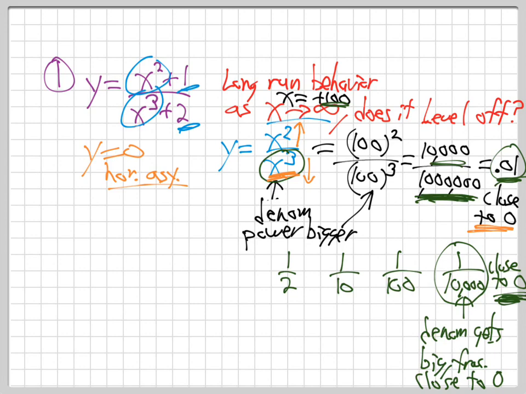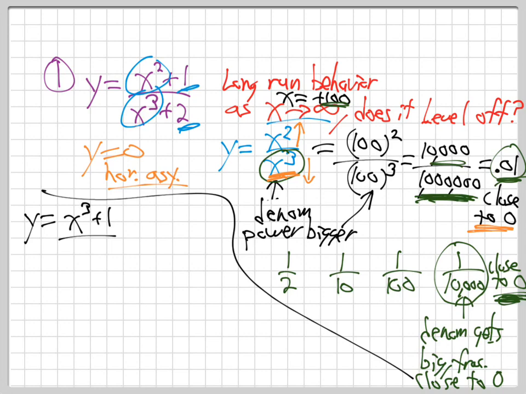All right, one more. So the last one is y equals x cubed plus 1 over x squared plus 2. Now, again, the question is long run behavior.